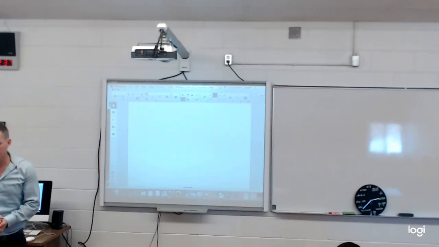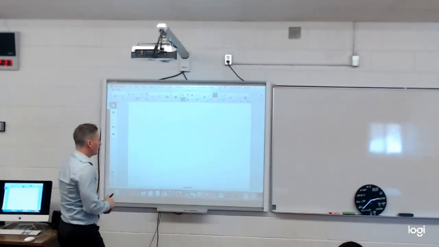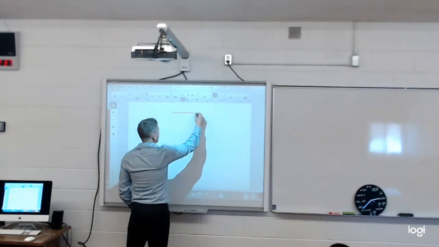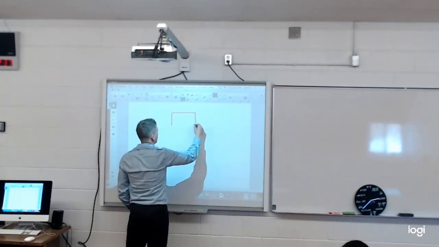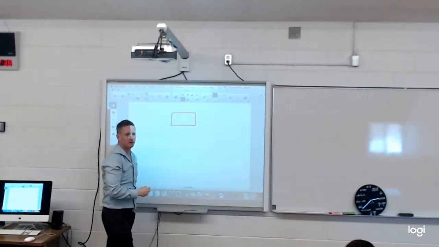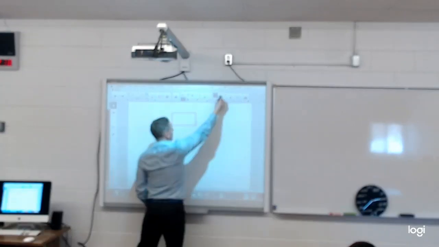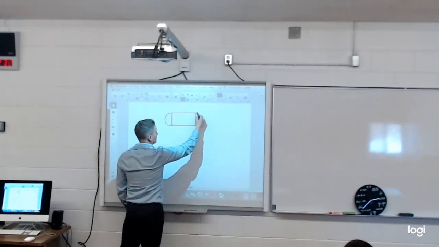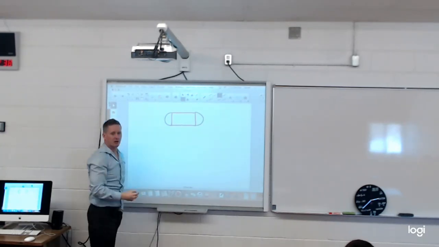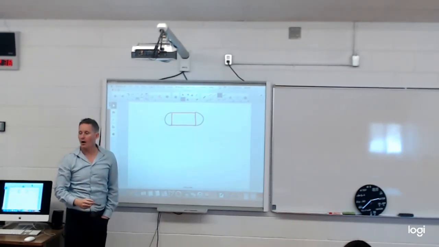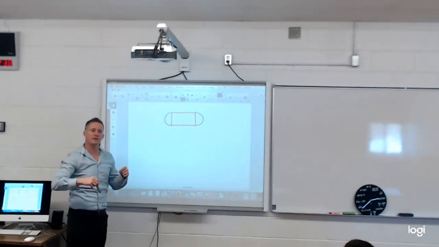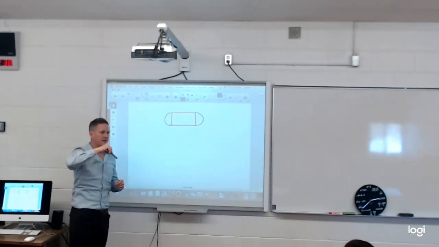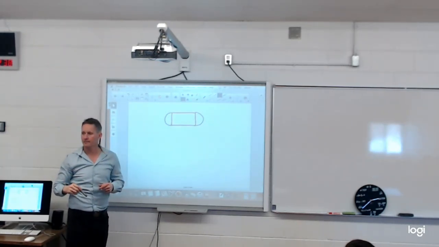Okay, so the first thing I'm going to do is, basically I've got a rectangle here, right? In the middle of the track. And then I have two semicircles there, right? Now, I'm going to run equivalent to the whole way around the circle. Would you agree? Yeah. Okay.